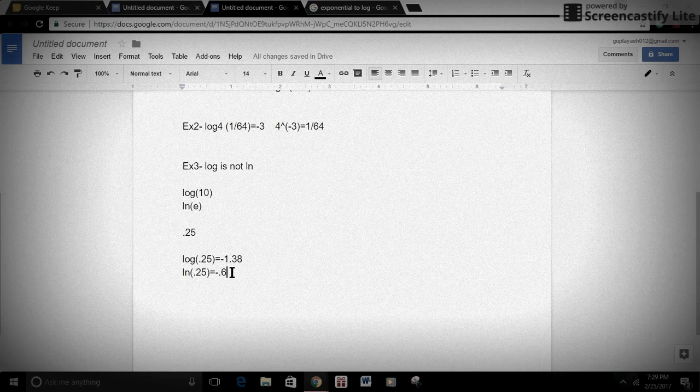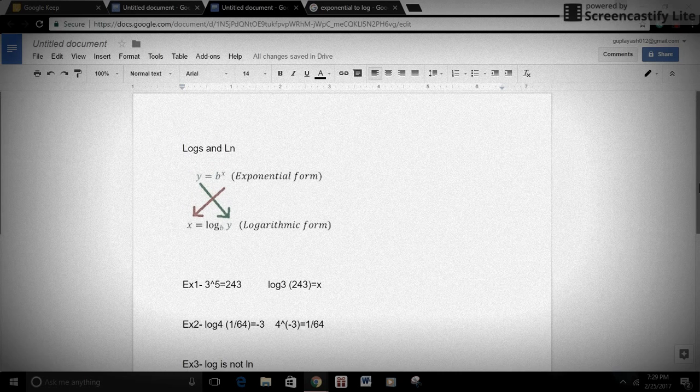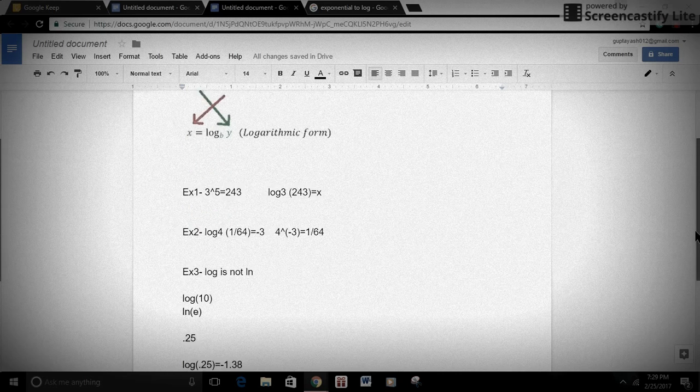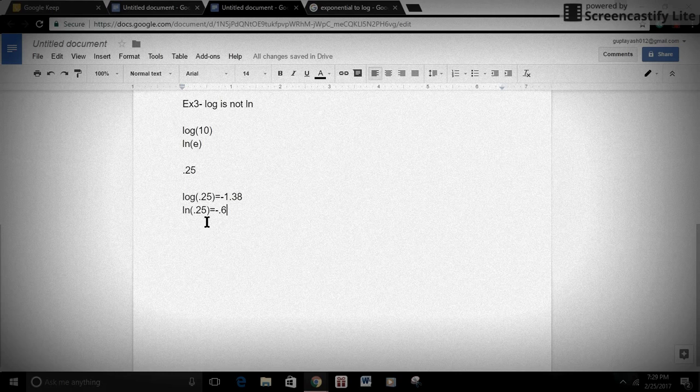So there's that. And now we're asked to verify each result by writing and evaluating the appropriate exponential expression. So now, based off of this, we have to write an exponential equation out of these.